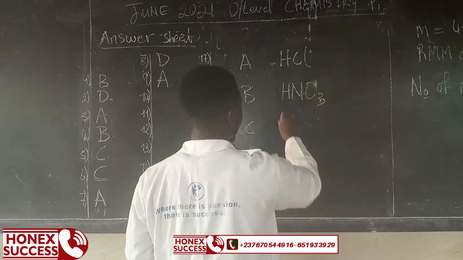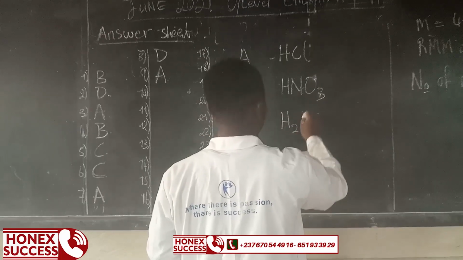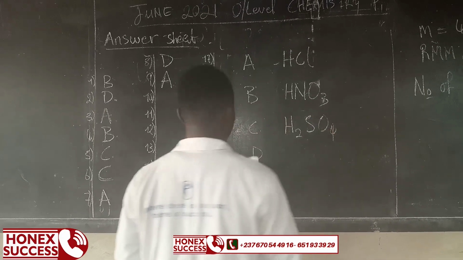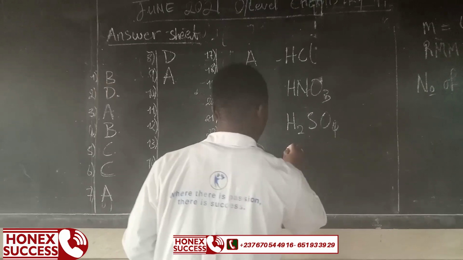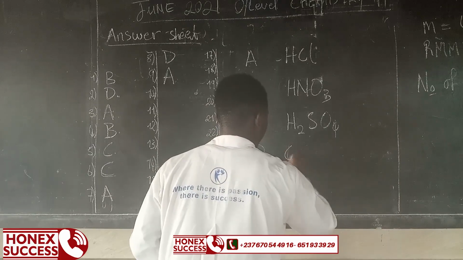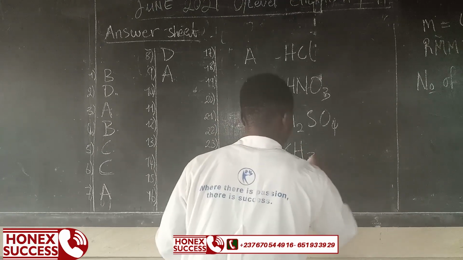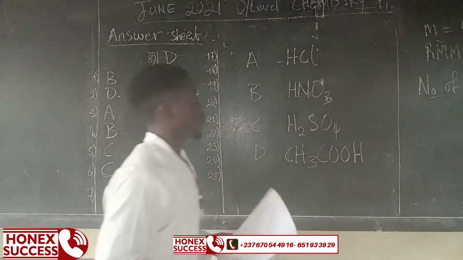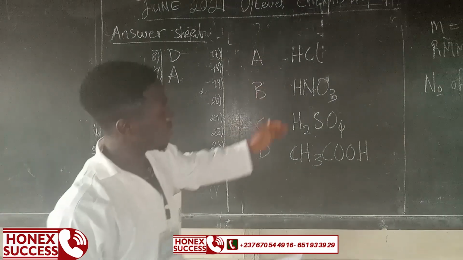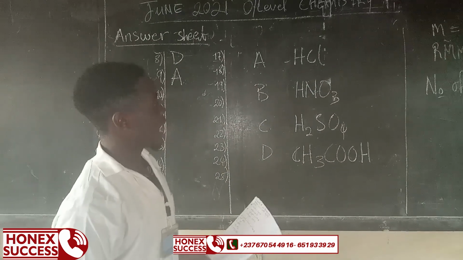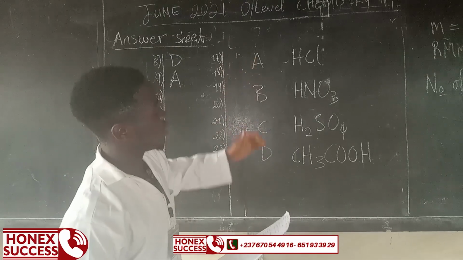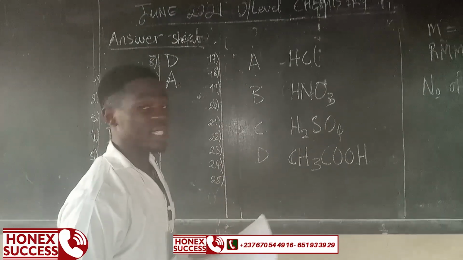Option C, sulfuric acid. And option D, ethanoic acid. So these are the acids that are present, and the question is asking us to get a dibasic acid from the options that are given.